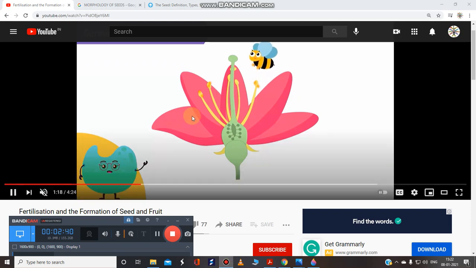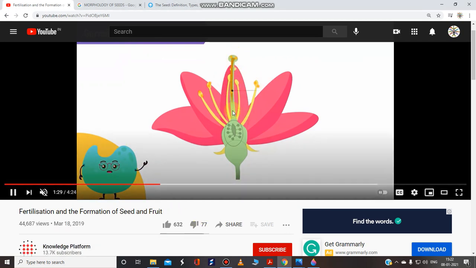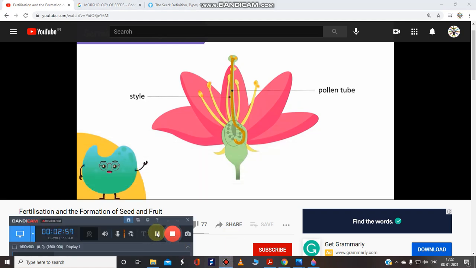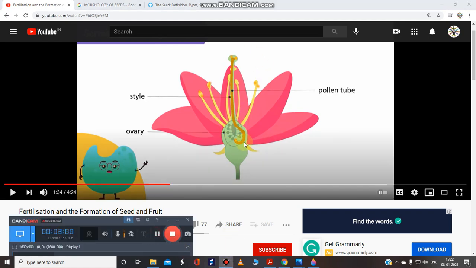As you can see, the insect is attracted by the beauty of the flower, and the pollen grains are trapped by the stigma, and we know this is the pollen tube. Then the pollen goes into the long pollen tube, and ultimately it enters the flower ovary.